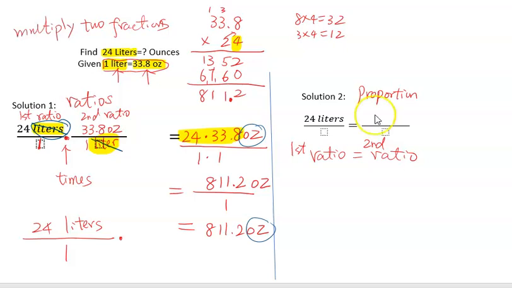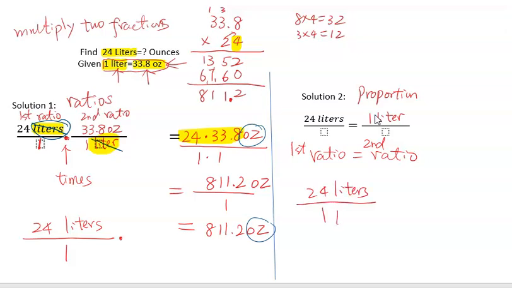But for a proportion, we have to make sure we line up the units. For example, 24 liters, and again, we're still going to use the other conversion relation here. So you have two options: you either put the 1 liter as the numerator of the second ratio or as the denominator. I'm going to show you both options here.